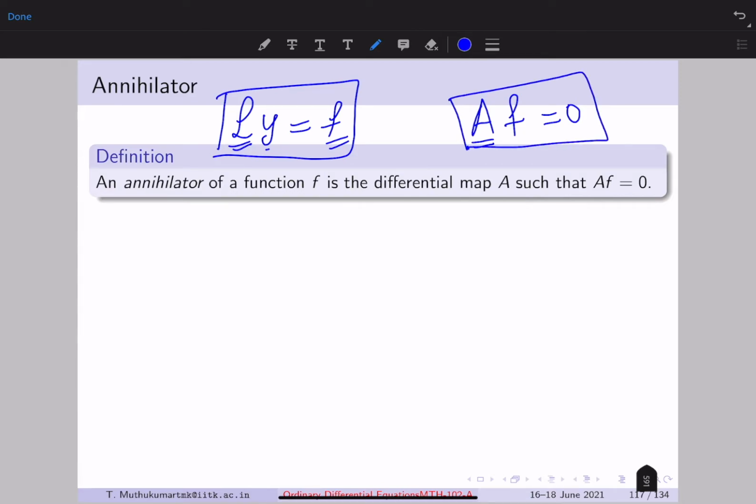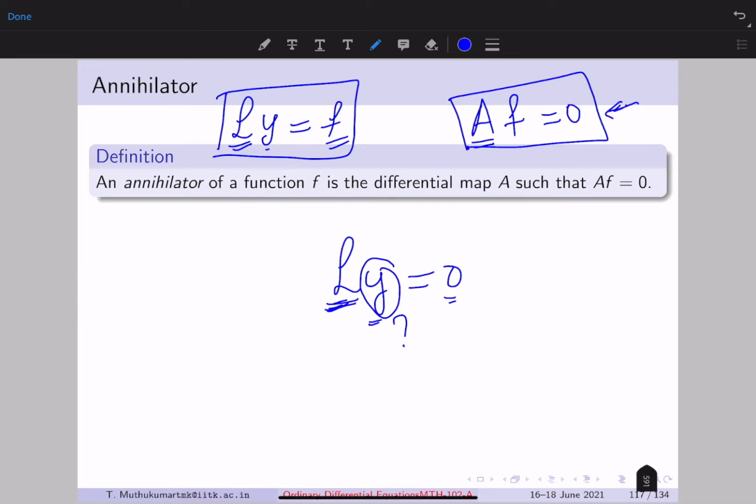For instance, in the previous cases, if you remember, when we did Ly equals 0, L is given, right? 0 is anyway known, y is unknown. So what you are asking is, given L, what are the y such that it is mapped to 0? Here we are looking at the opposite.